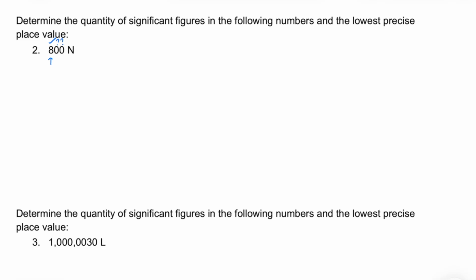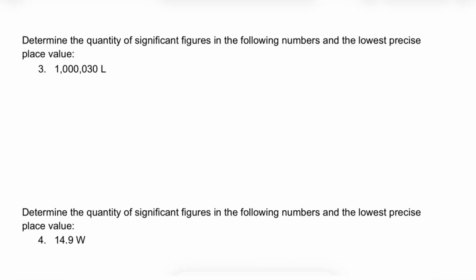So in this case, we don't have an explicit decimal point, and that means that these guys are not going to be significant. So just like question number 1, we also have only a single significant figure in this measurement right here. And it looks like since it's 800, our hundreds place is the lowest precise place value within this measurement.